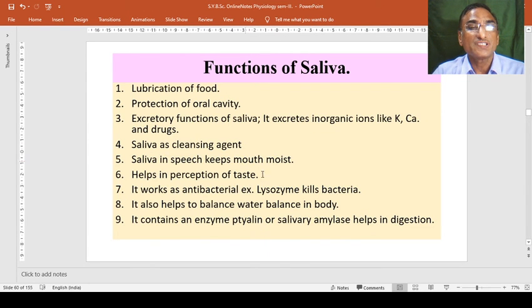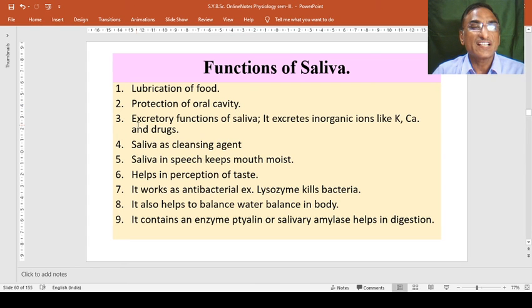At last, we will see the functions of saliva. Saliva lubricates the food, so it becomes easy to convert the macromolecules into micromolecules. Saliva also protects the oral cavity from erosion.